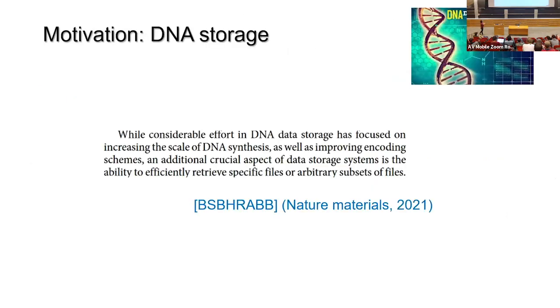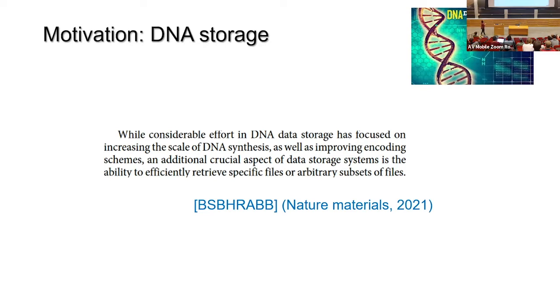So I didn't say anything about motivation, but as motivation for locally decodable codes, there has always been this motivation that you want to decode a file from a library in time that is proportional to the file size rather than to the library.